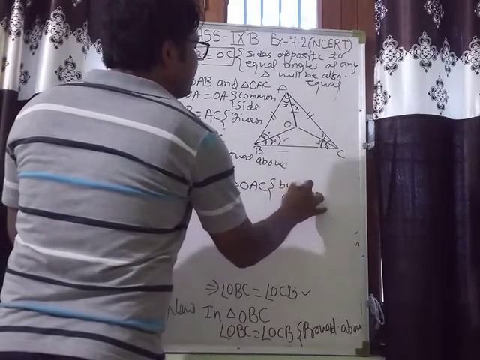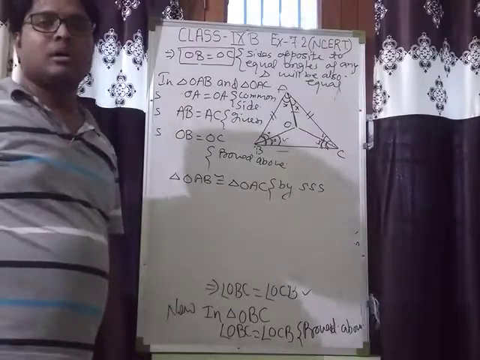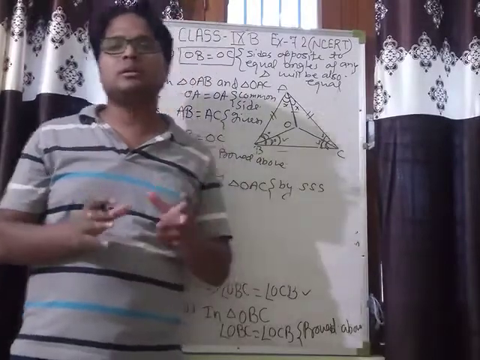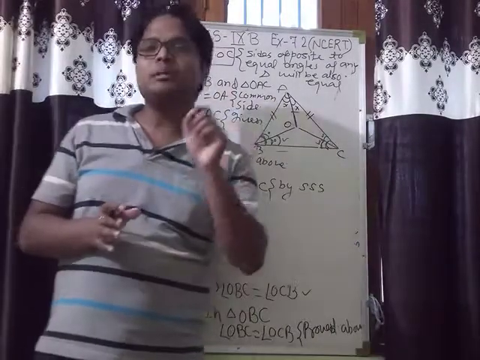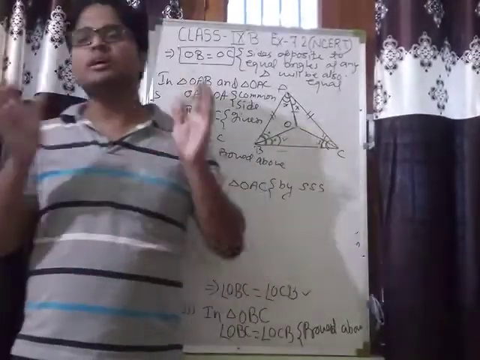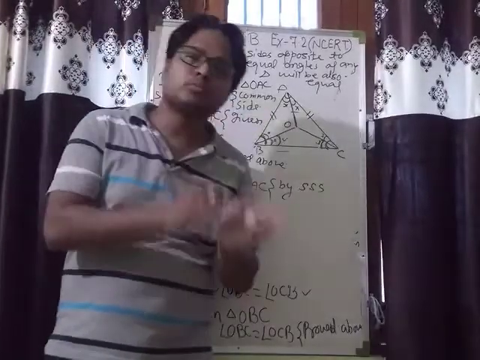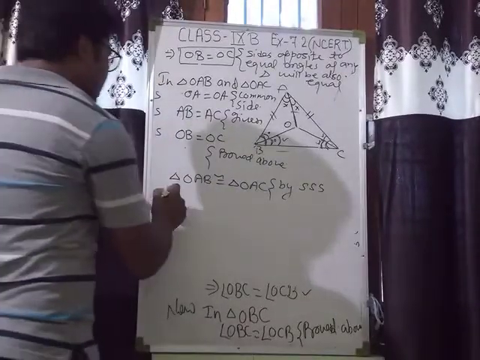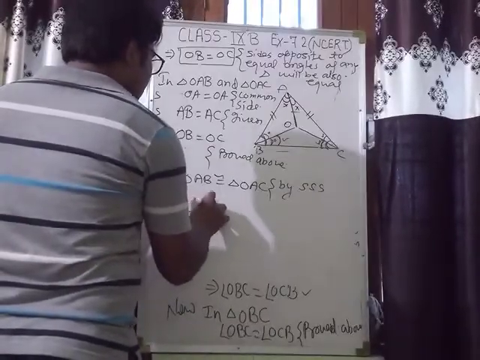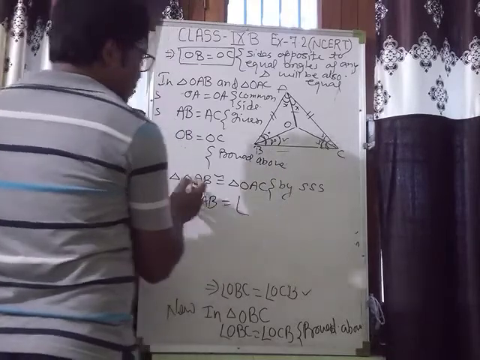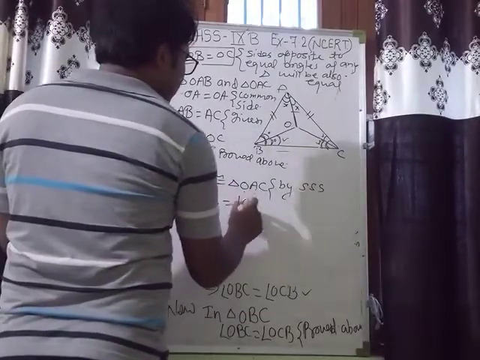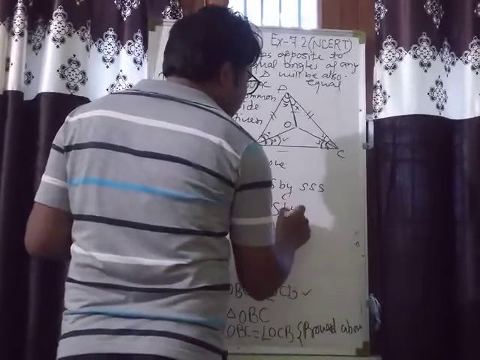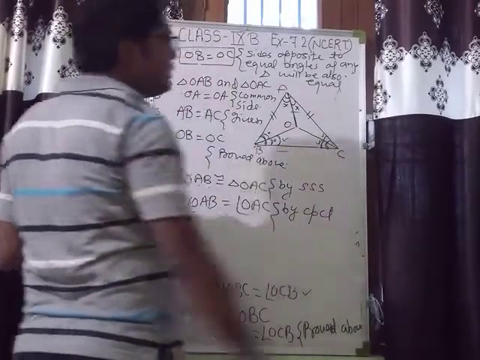And when two triangles become congruent, then their corresponding parts will be equal. Means their corresponding sides will be equal and corresponding angles will be equal. So from here we conclude that angle OAB will be equal to angle OAC. Okay, they will be equal by CPCT, corresponding parts of congruent triangles.